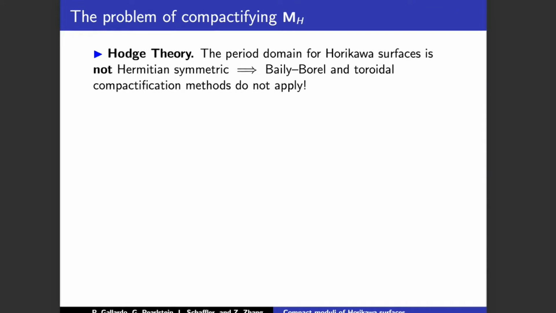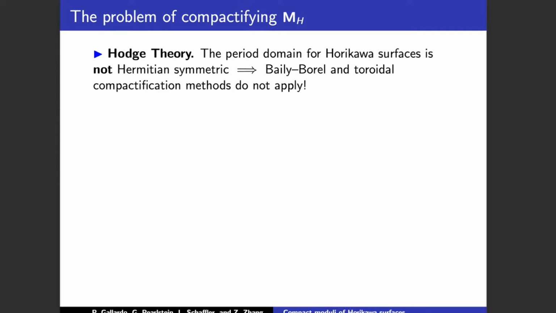Recall those are some Hodge theoretic compactification techniques that you can use, for example, in the context of moduli of principally polarized abelian varieties or lattice polarized K3 surfaces. And we don't have them available in the non-Hermitian symmetric case.